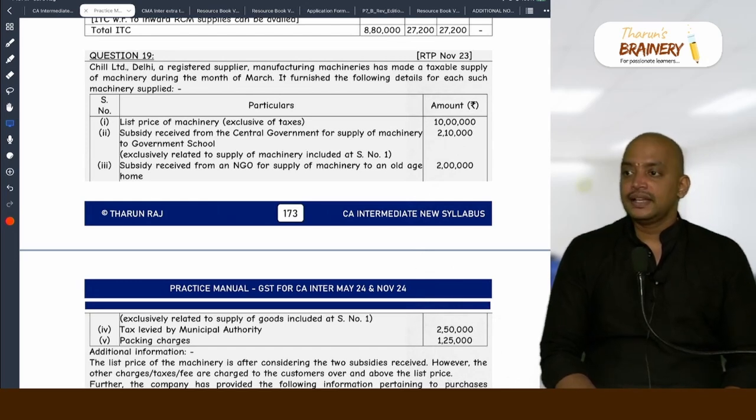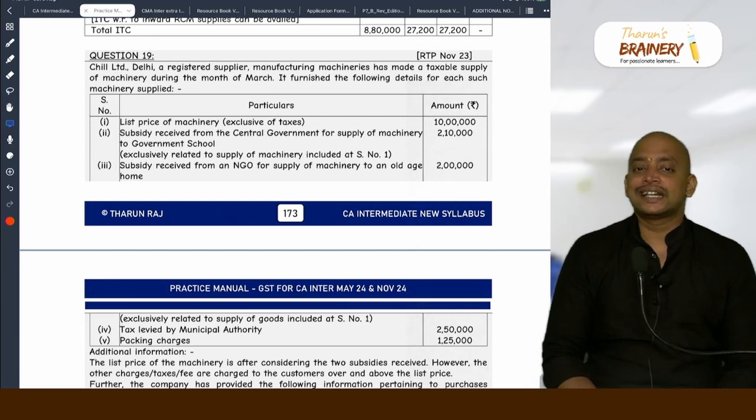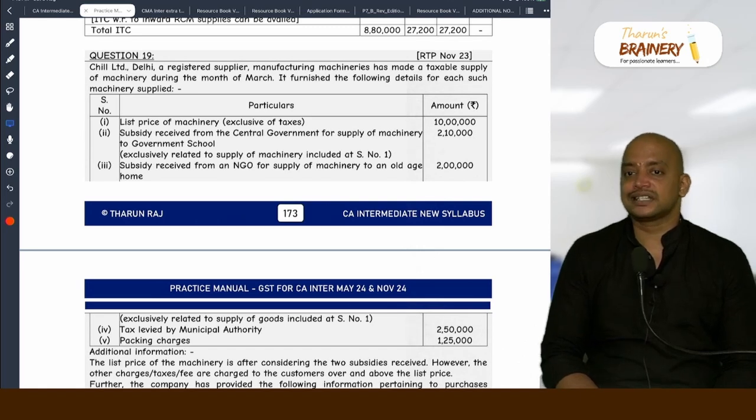Next, tax levied by municipal authority. What is your answer? Included, other than CGST, SGST, no? But in the given price what they have done? Exclusive of taxes means before tax. So we need to add taxes, duties and cess by whatever name called other than GST.